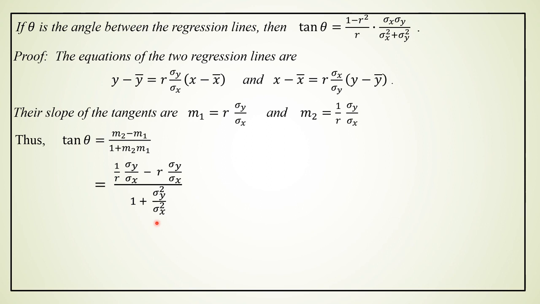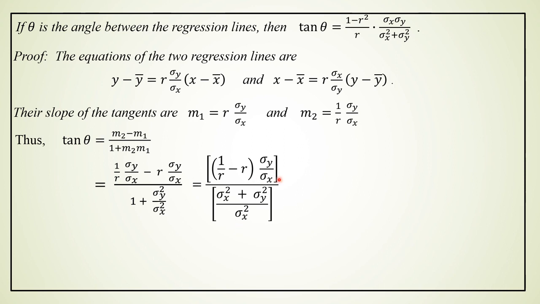So let me just simplify the terms over here. Take sigma y by sigma x common, so that the equation reduces to the form 1 by r minus r into sigma y by sigma x divided by, multiplying sigma x square throughout, sigma x square plus sigma y square divided by sigma x square.